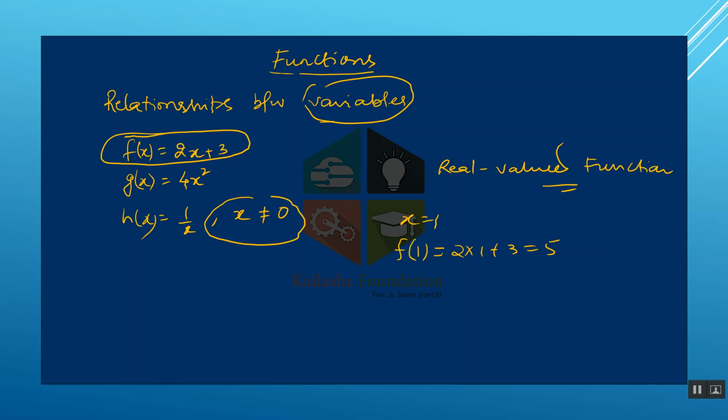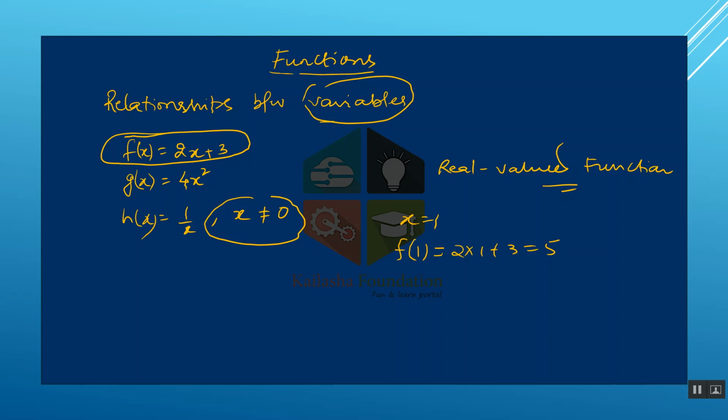The input must not remain without an output. There must be an output for every input. That is very necessary. And there must not be more than one output also. There must be exactly one output for every single input.